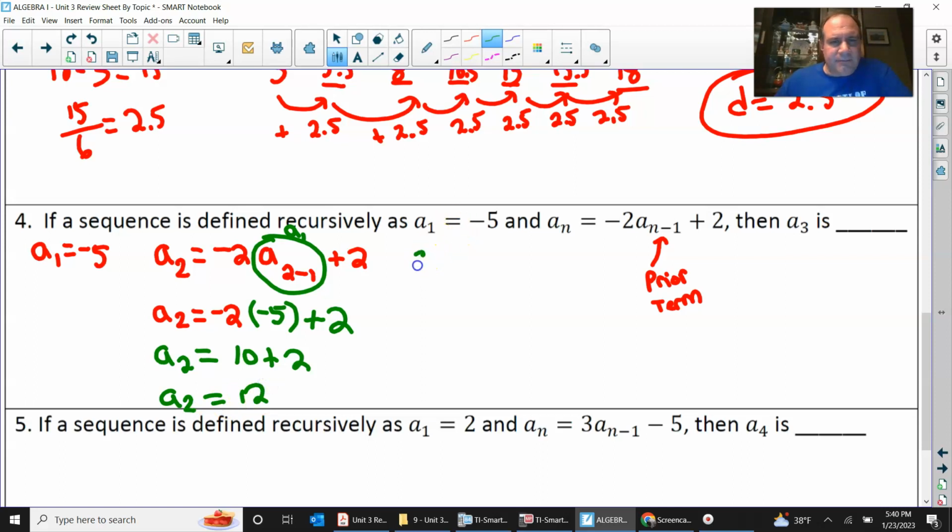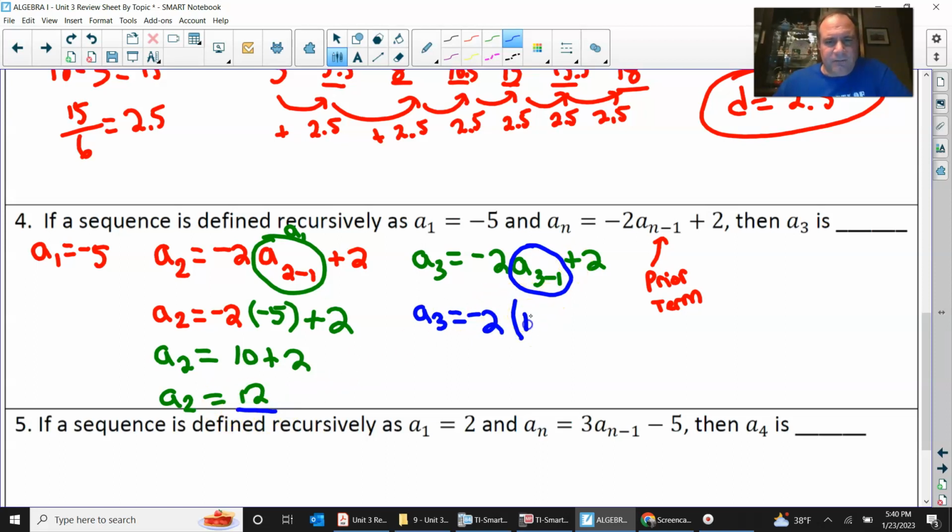Now I'm going to go to a sub 3. A sub 3 is negative 2 times a sub 3 minus 1, plus 2. This is the prior term right here. 3 minus 1 is 2, so I have a sub 3 equals negative 2 times a sub 2, which is 12, plus 2.